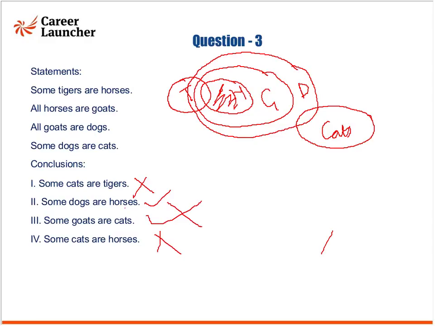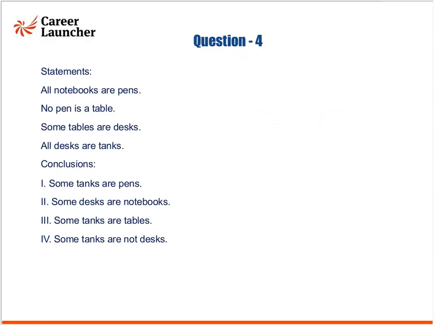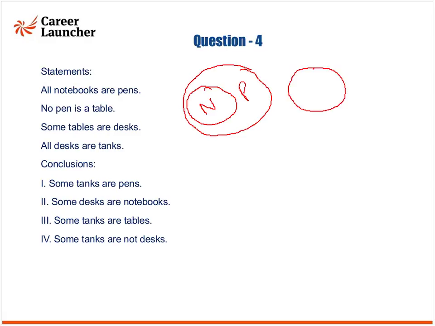Let's take up one more question. All notebooks are pens, no pen is a table, some tables are desks, all desks are tanks. Okay, so let's start. All notebooks are pens, no pen is a table, so table comes separately, like I told you.